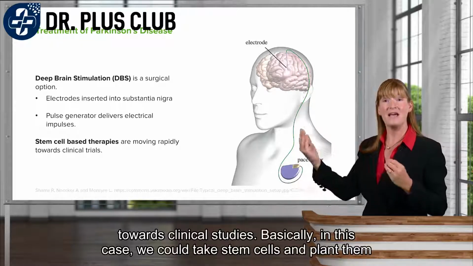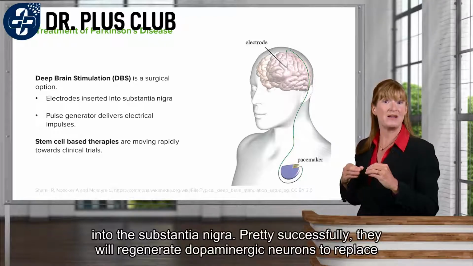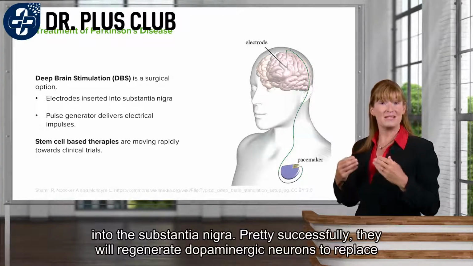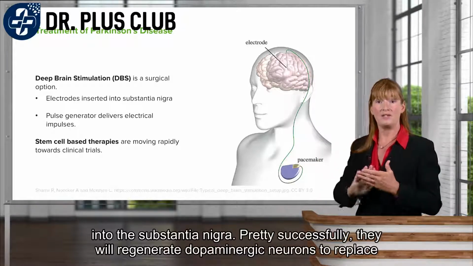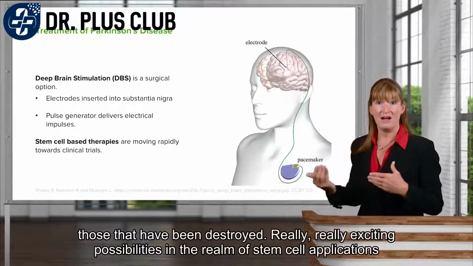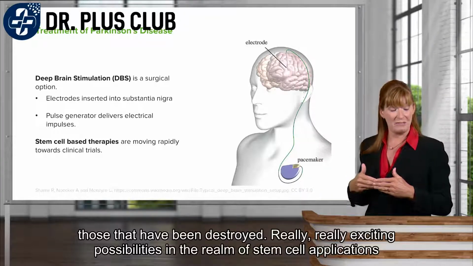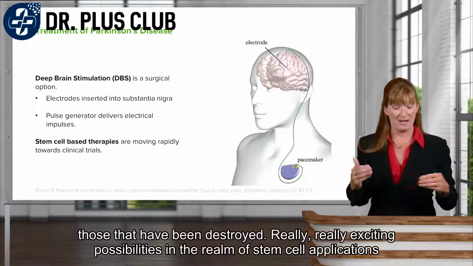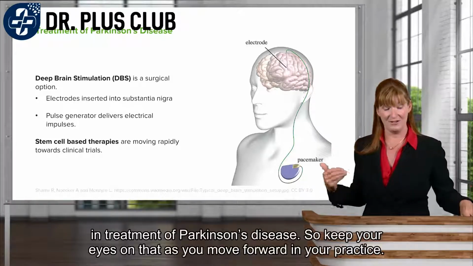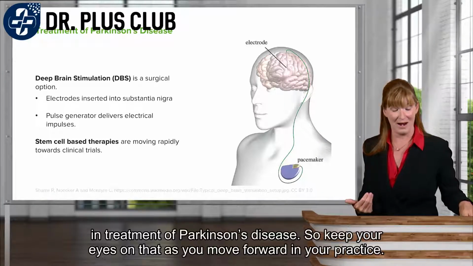So basically, in this case, we could take stem cells and plant them into the substantia nigra, and pretty successfully, they will regenerate dopaminergic neurons to replace those that have been destroyed. So really exciting possibilities in the realm of stem cell applications in treatment of Parkinson's disease. So keep your eyes on that as you move forward in your practice.